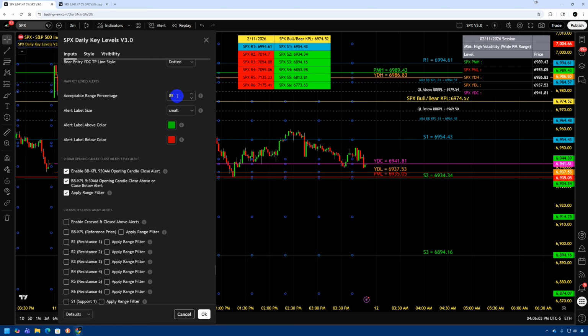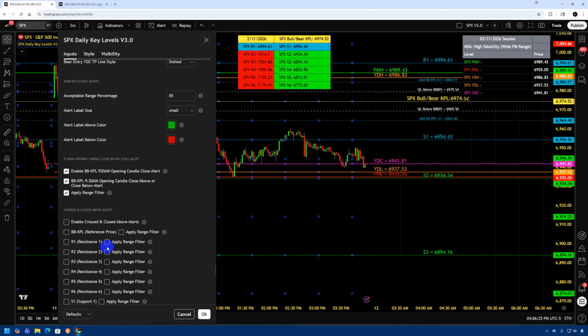So as an example, if we leave it on the default at 85%, and we have this alert turned on with the range filter, which for the opening candle, you should be using the range filter on that. As you can see, apply range filter is optional on each one of these alerts.